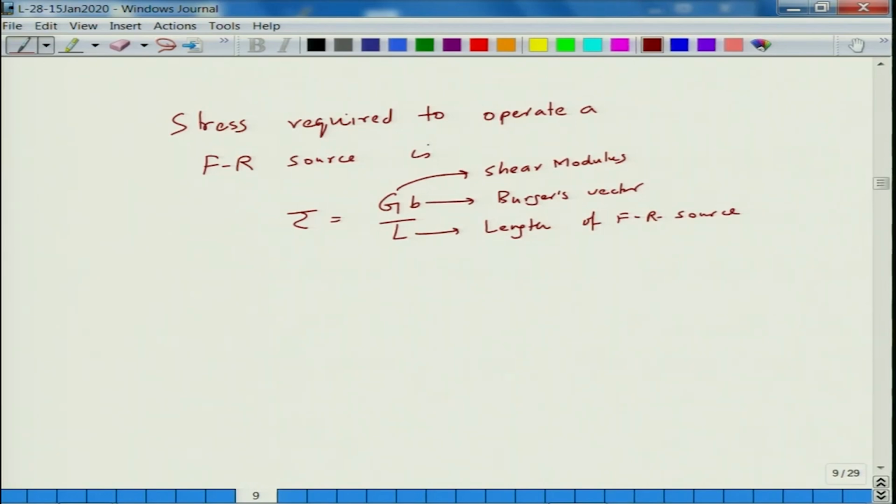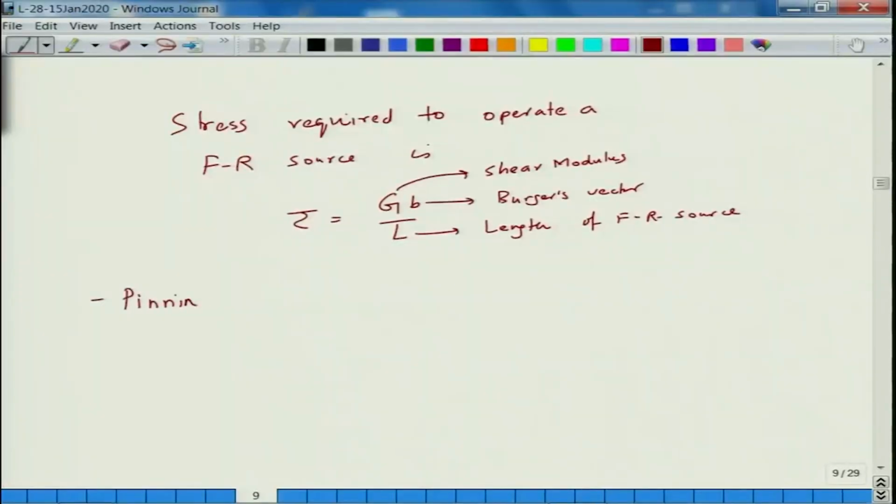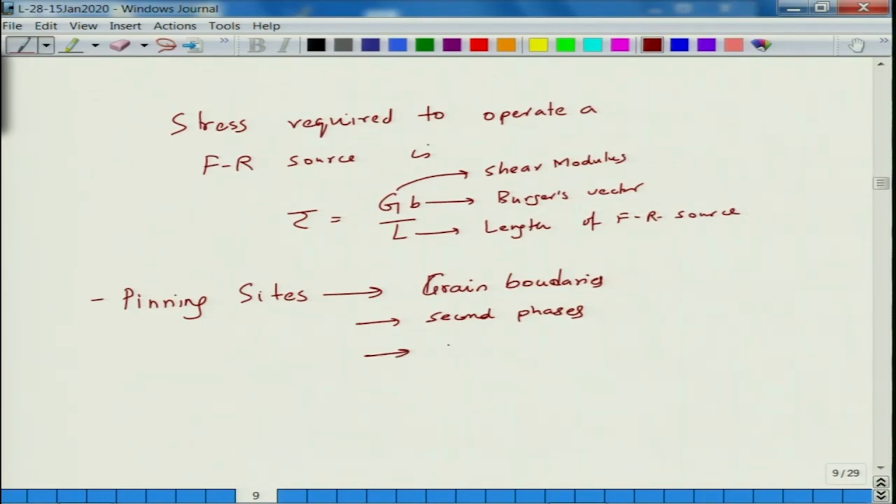So, basically what we are saying is that if you have more pinning sites in the material, which we have because materials are polycrystalline, they contain grain boundaries, they contain impurities. So, basically what we have in materials is pinning sites, and these pinning sites could be because of grain boundaries, second phases, and movement of dislocations from one plane to another.